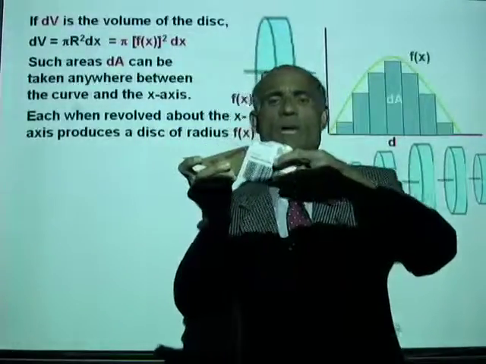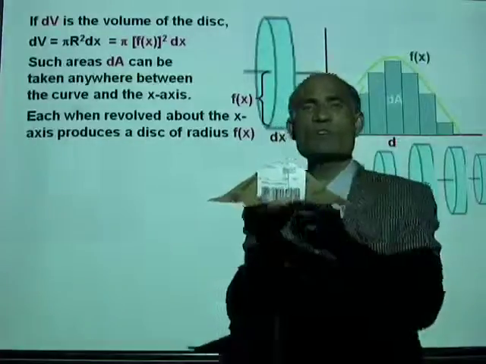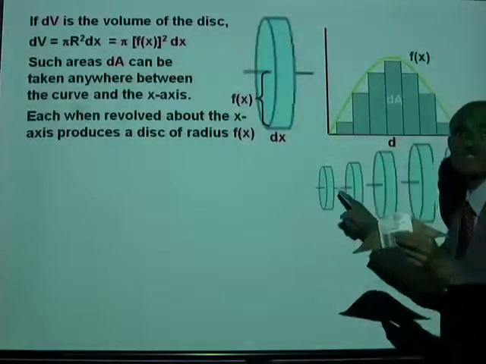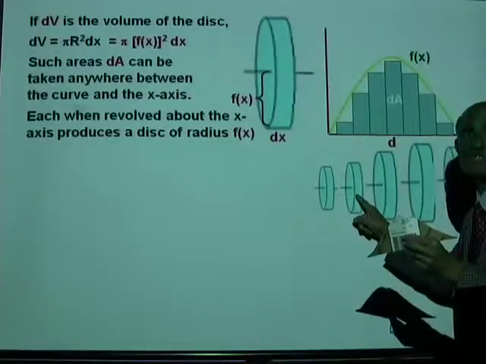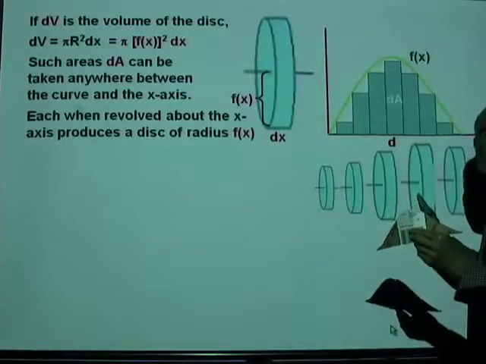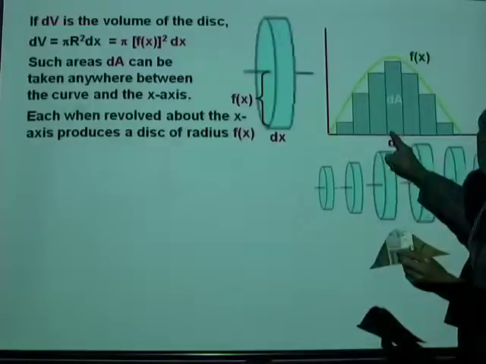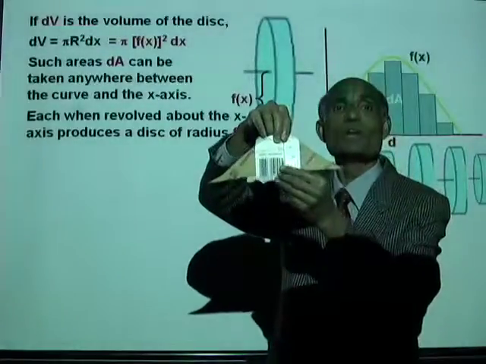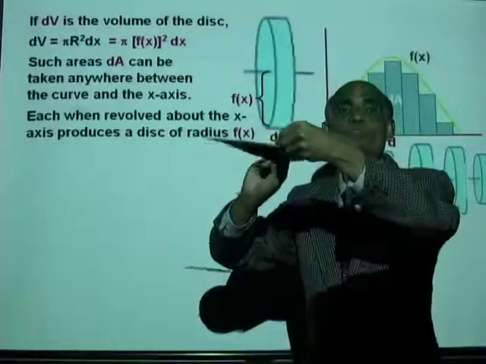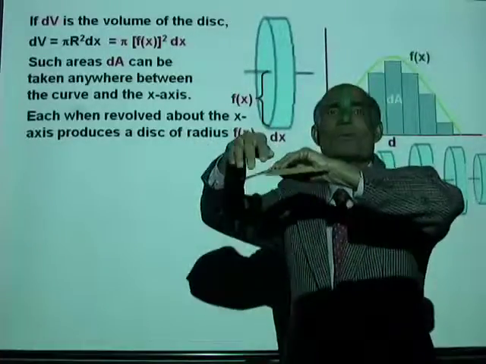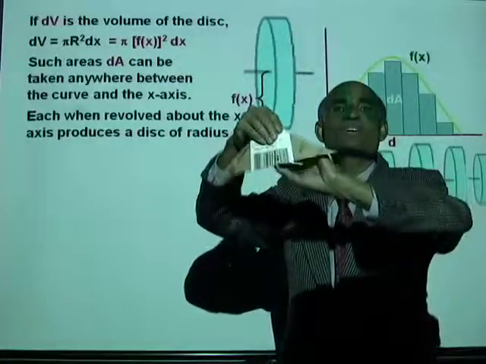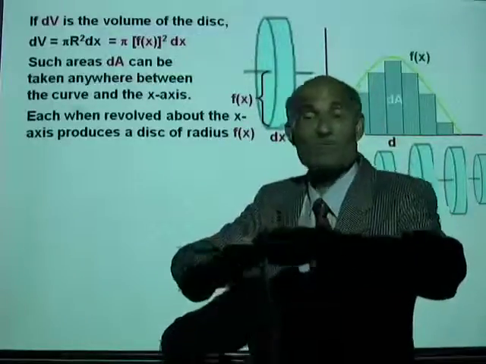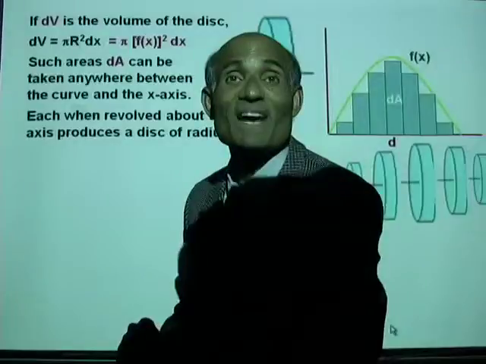So now when you add the volumes of all these dVs, dV1 plus dV2 plus dV3 plus dV4 and so on, there may be thousands of these. You add them all together, you will get the total volume of the solid generated when this area is revolved about the x-axis. And isn't that a beautiful method? In fact, that is the method of calculus.